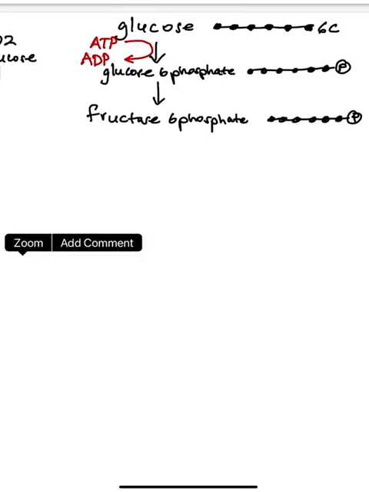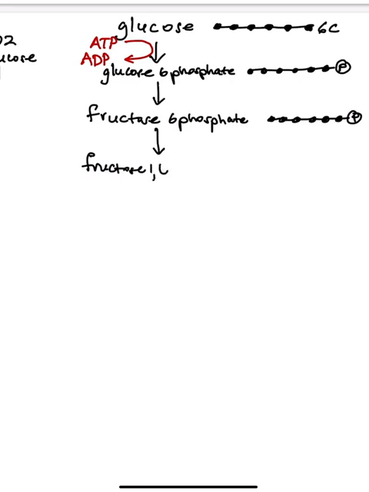After fructose 6-phosphate has formed, we will see the formation of a fructose 1,6-bisphosphate molecule. So that bisphosphate name tells us that there is a phosphate group attached to carbon 1 and to carbon 6.